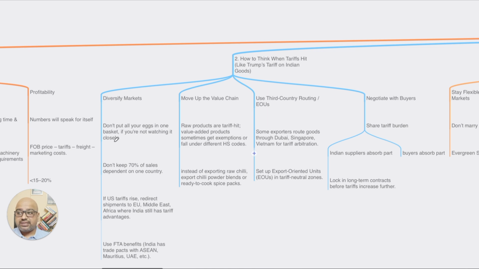So what I suggest is, don't put all the eggs in one single basket if you're not watching it closely. You always get hints in the business when you look at global news. These are things that you get to know. Trump was always against Indian tariffs and he has imposed them. Nothing surprises us, but still 50%, 200%, 80%, we are not sure.